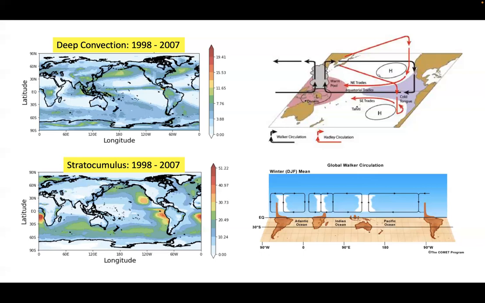Then if you put together the sinking motion of both the Hadley and Walker circulations, then in the subtropical part of the eastern ocean there would be the combined sinking effect, both from Hadley and Walker circulation. So that makes the sinking motion very strong in those areas.